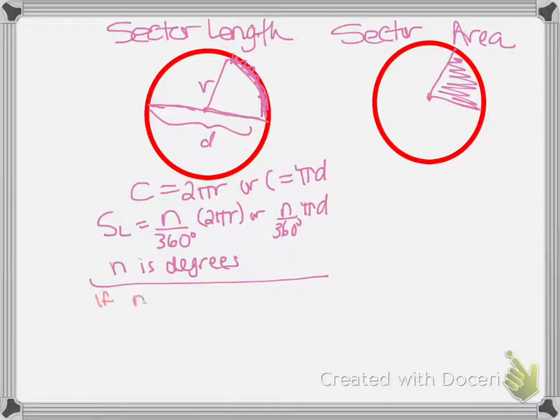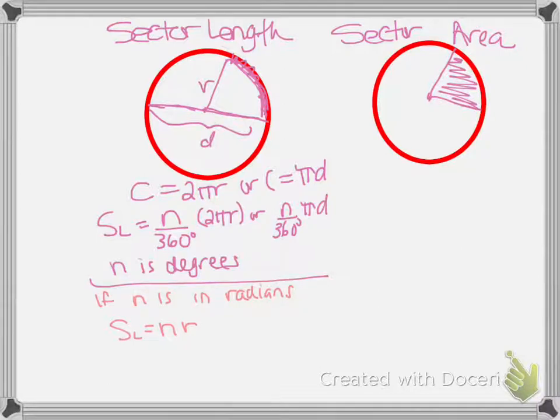If n is in radians, that's the other unit of measure, then the sector length formula is really easy. It's just n times r. That's a really nice thing when it's radians. You just multiply the angle with the radius, and that will give you the length.